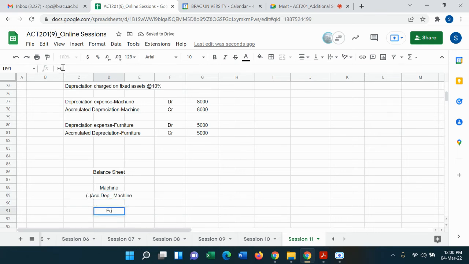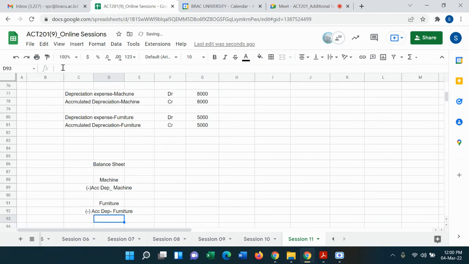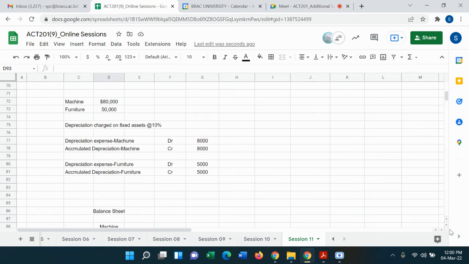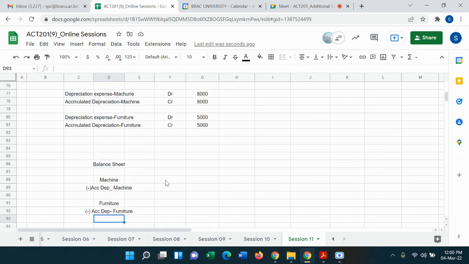Similarly, for furniture, like that. Say machine, the value of the machine according to this example was 80,000 minus 8,000.